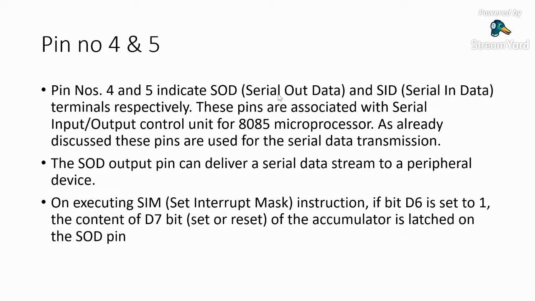So here we are talking about the set interrupt mask instruction. How to set it? Just set D6 into 1 and the content of D7 being set or reset.